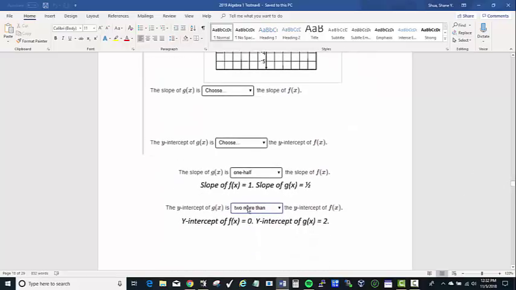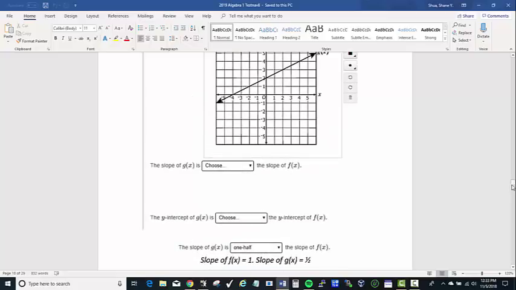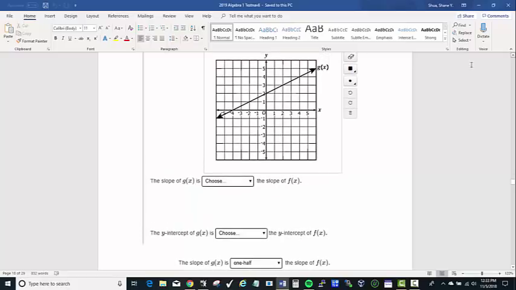The slope of f of x is 1, and the slope of g of x is 2. So it's going to be 1/2, because f of x equals x is just a one slope. But here, the slope of this particular graph, we can look, is rise 1, run 2. So that's a 1/2. But f of x equals x is 1. So that is going to be 1/2.